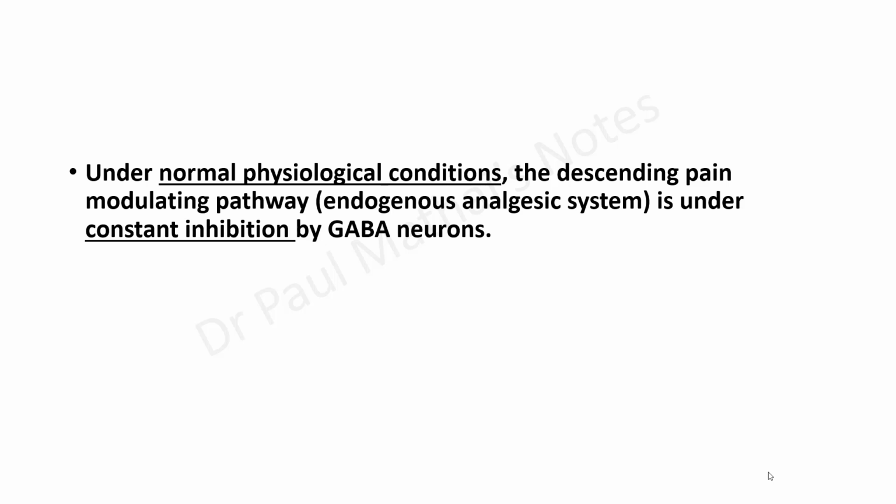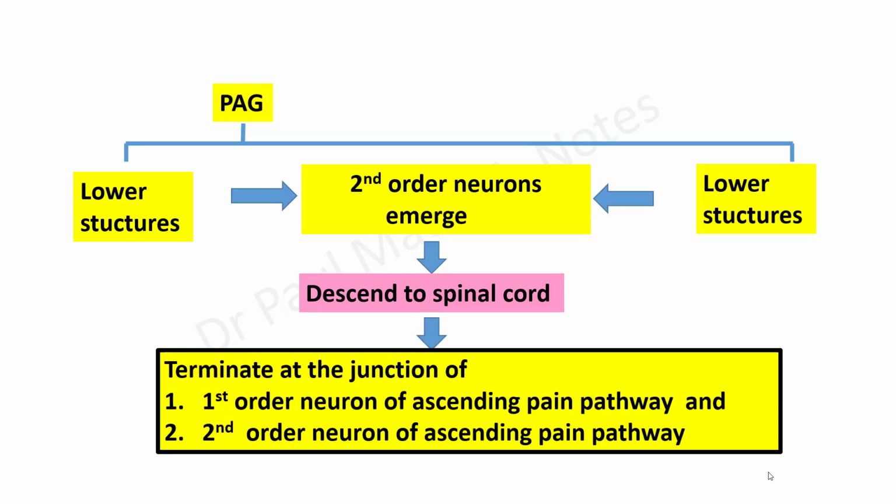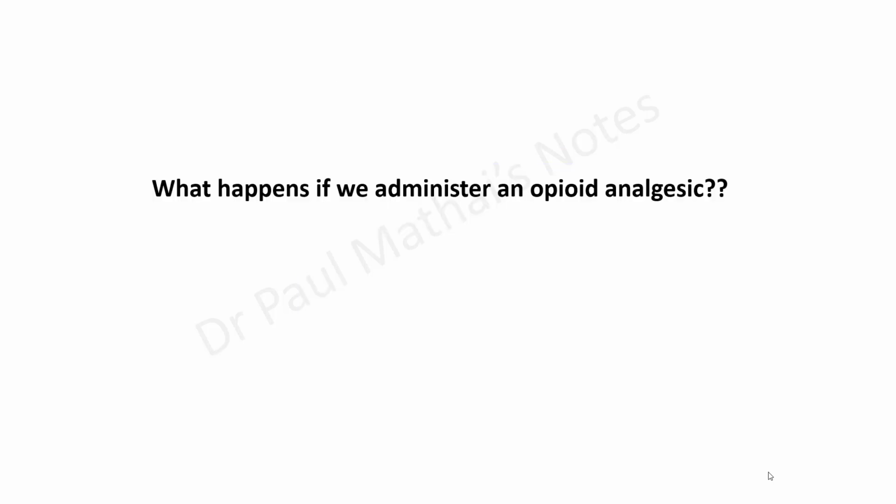Now, under normal physiological conditions, the descending pain modulating pathway is under constant inhibition by GABA neurons. So these are the GABA neurons and they constantly or constitutively inhibit the descending pain modulating pathway.